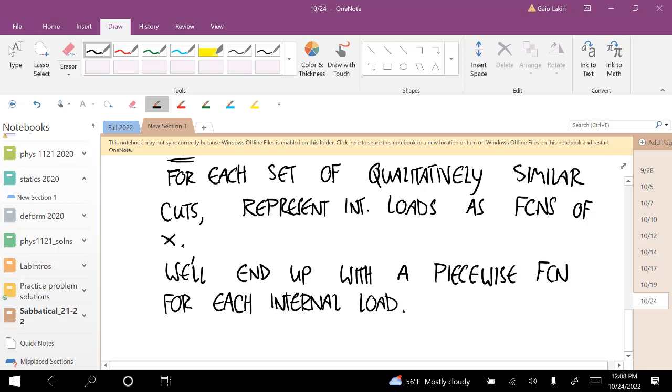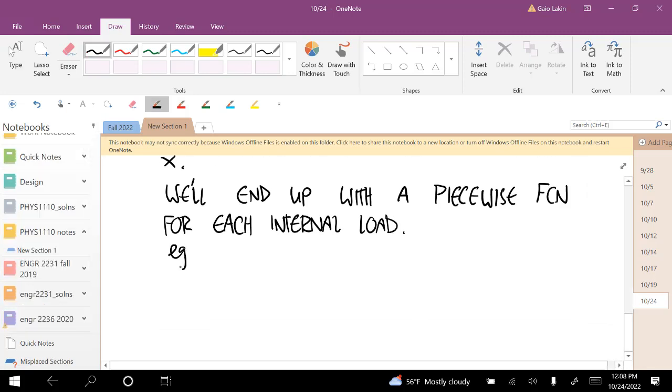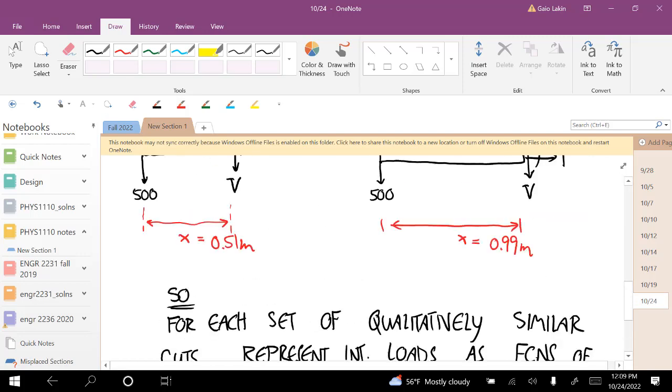Okay, so for example, a T value that depends on where you are along the beam, that's equal to, well, in this case, there's not going to be any T in the example I'm giving.